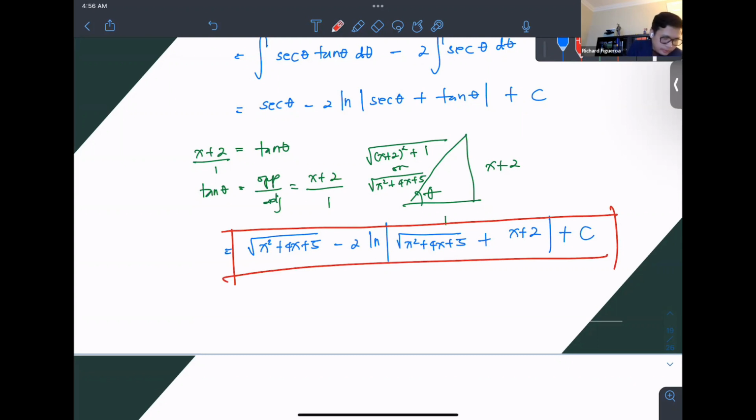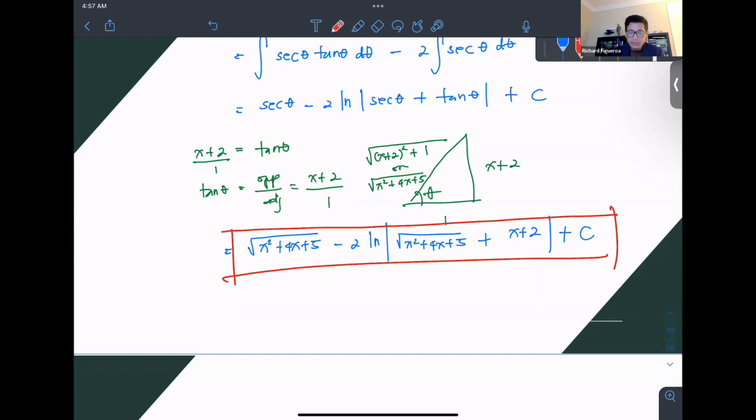So the answer is the square root of x squared plus 4x plus 5 minus 2 ln of the square root of x squared plus 4x plus 5 plus x plus 2. So that is how we get that one. That's correct.